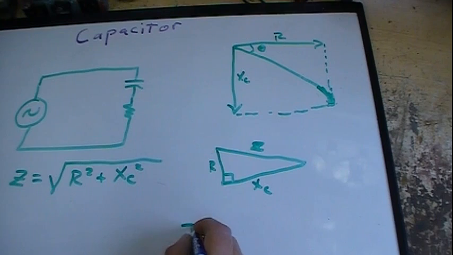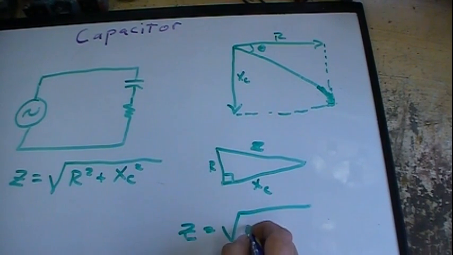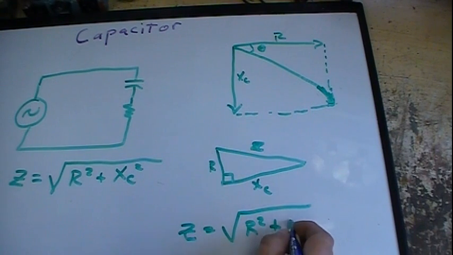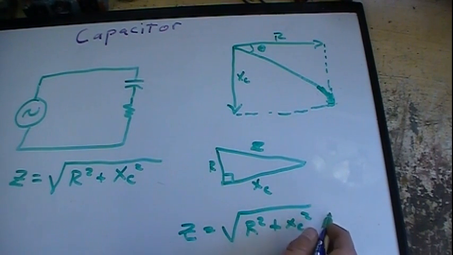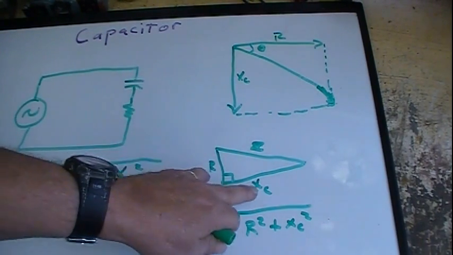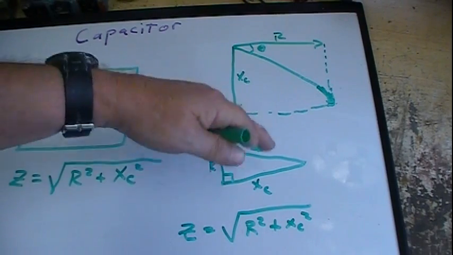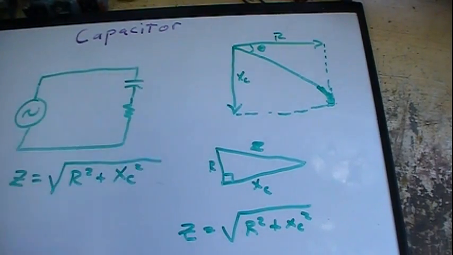So you get Z equals the square root of R squared plus X sub C squared. Z is the hypotenuse. You take the sum of these two squared, take the square root of that, you get the length here. And that's really all impedance is.